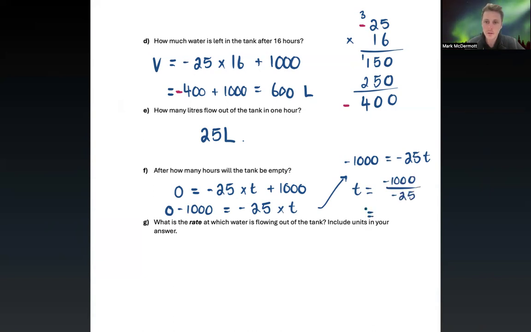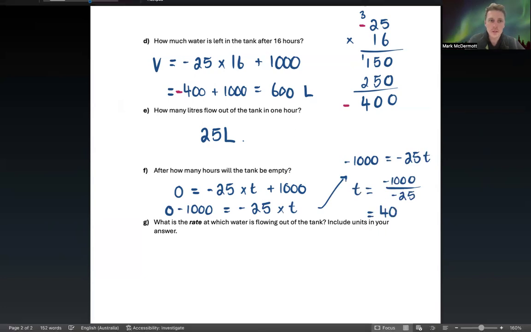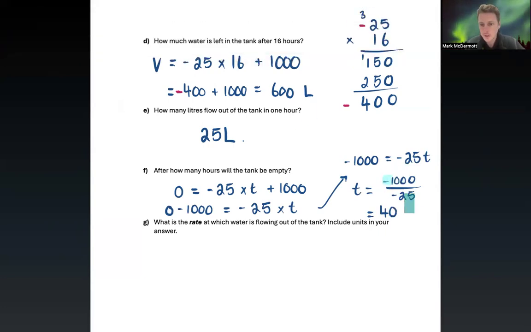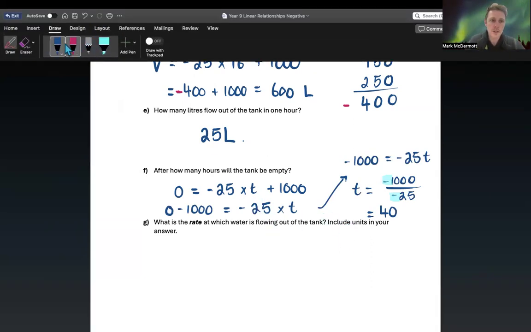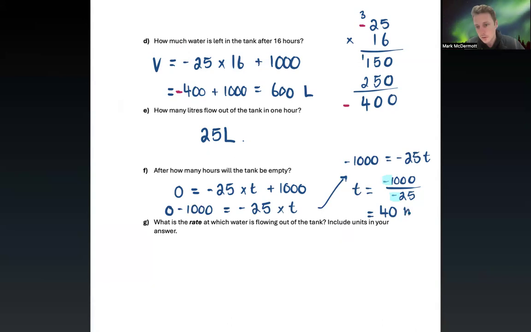Okay, 1000 divided by 25. How many times does 25 go into 1000? Let's think. 25 goes into 100 4 times, so it's going to go into 1000 40 times. And remember, when you've got a negative here and a negative here, and you take division of two negative numbers, it becomes a positive number. So after how many hours will the tank be empty? It will be after 40 hours.